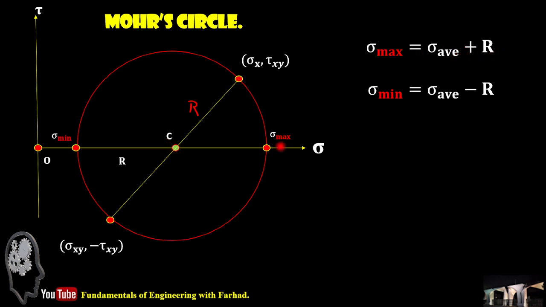If you add the radius to the center, you can reach sigma maximum. And if you subtract the radius from the average, you will get to sigma minimum over here. We'll review that as well.